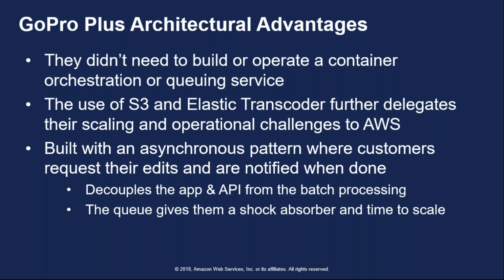If you have things which you can offload to AWS, you can always do that, and concentrate on your core business. Their architecture is built with an asynchronous pattern where customer requests and edits are notified when done. So they decoupled the app and API from the batch processing.